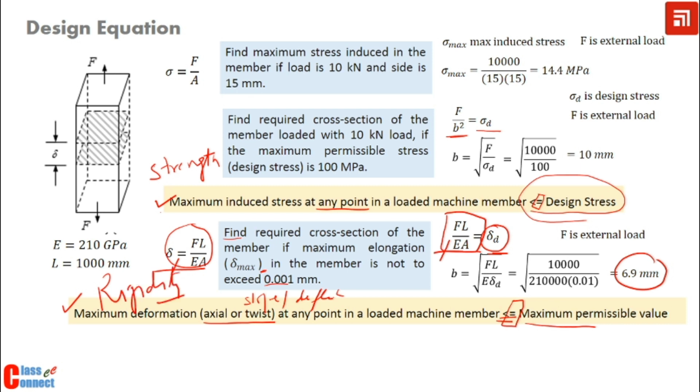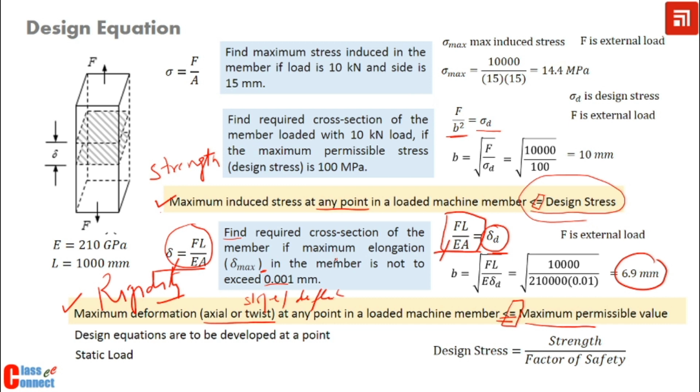Now if we see the right hand side and the left hand side, we find that in the right hand side equation, we get design stress, and design stress is obtained using this formula that is very popular in machine design. We will be discussing this slightly more in our later lecture in module 2, and this design stress is obtained by dividing strength by factor of safety.